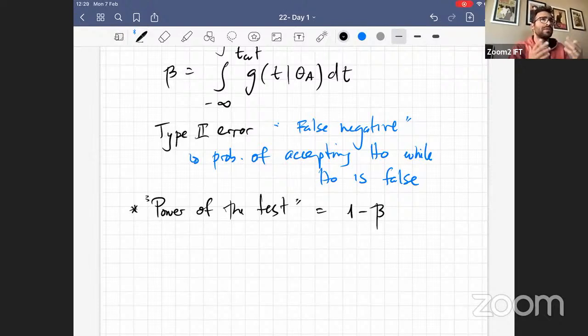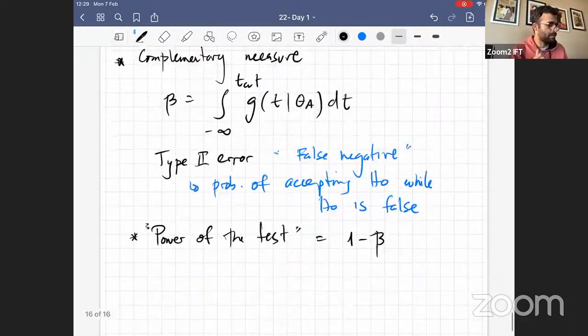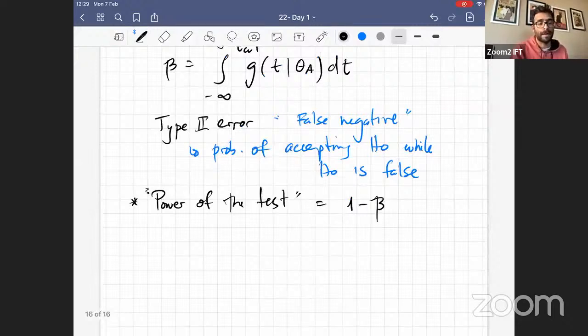So what people typically do is fix the type 1 error, because you are fixing the significance of the test. So for a given alpha, the desire is to minimize the type 2 error, which means the idea is to maximize the power of the test.